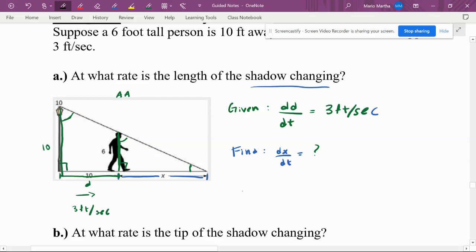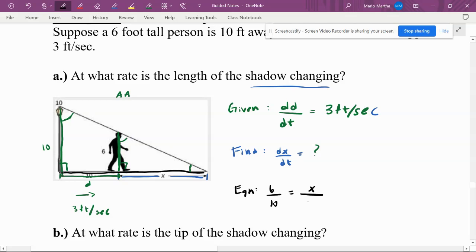All right. So let's set it up that way. The equation we're going to be using is the height of the person compared to the height of the lamppost, which is 6 over 10. And that's going to be equal to the length of the shadow, which is x, over the length of the total part of the big triangle, which would be x plus 10.